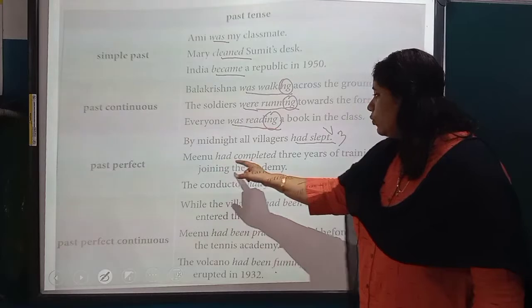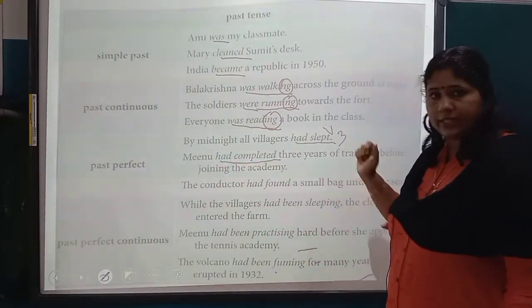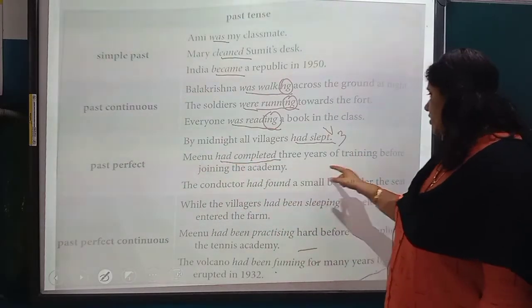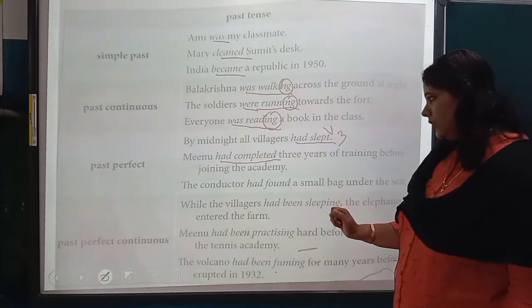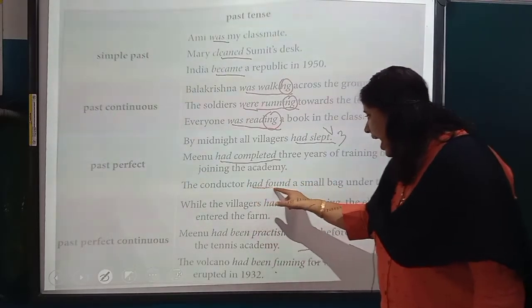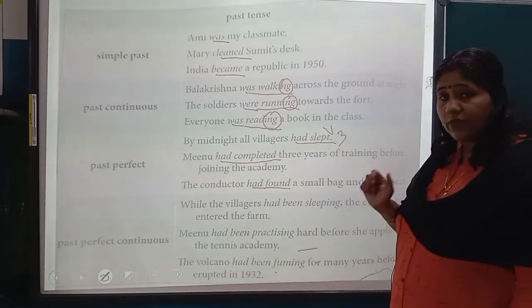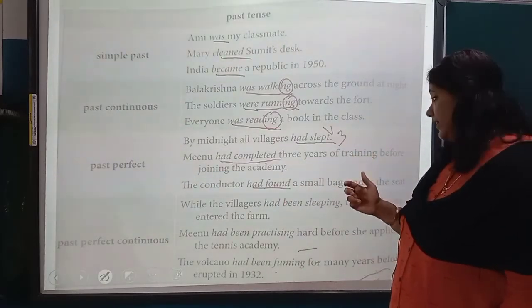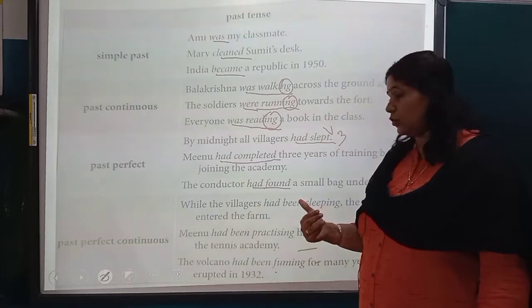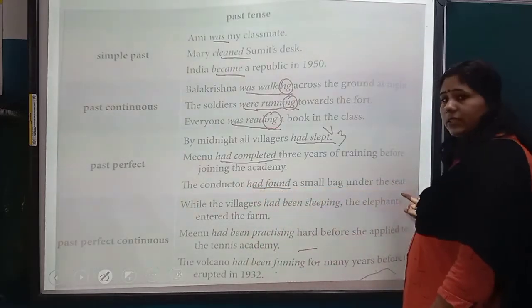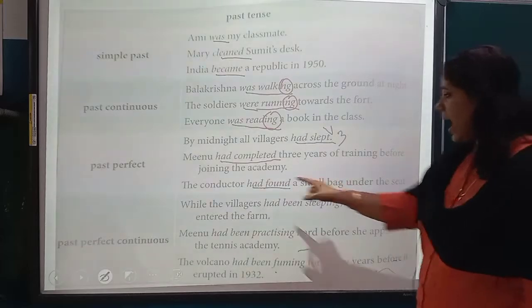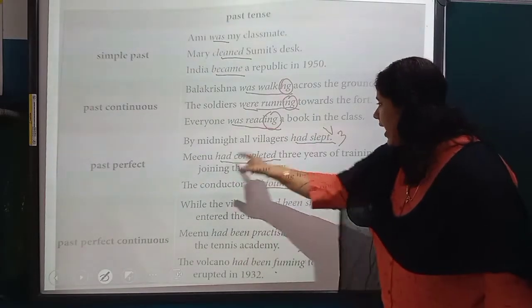Next, Meenu had completed 3 years of training before joining the academy. The conductor had found. Find, found, like that. You can write founded also. The conductor had found a small bag under the seat. So had, see, everywhere had.